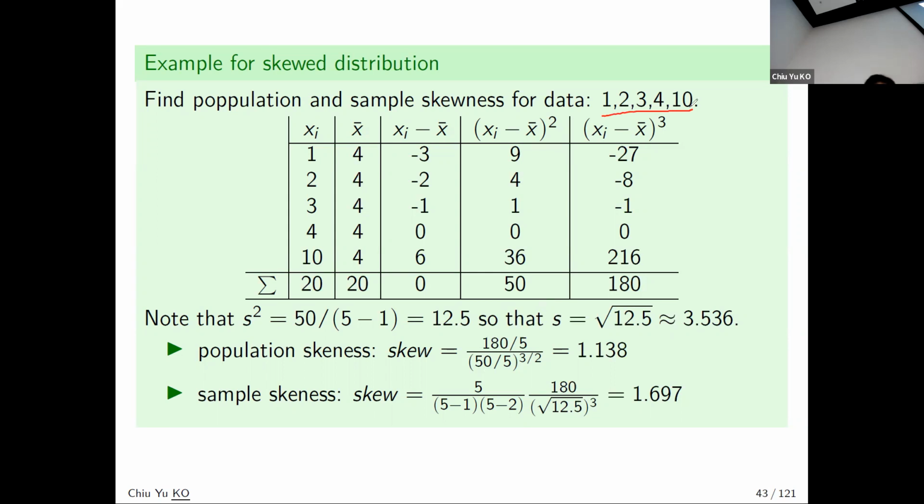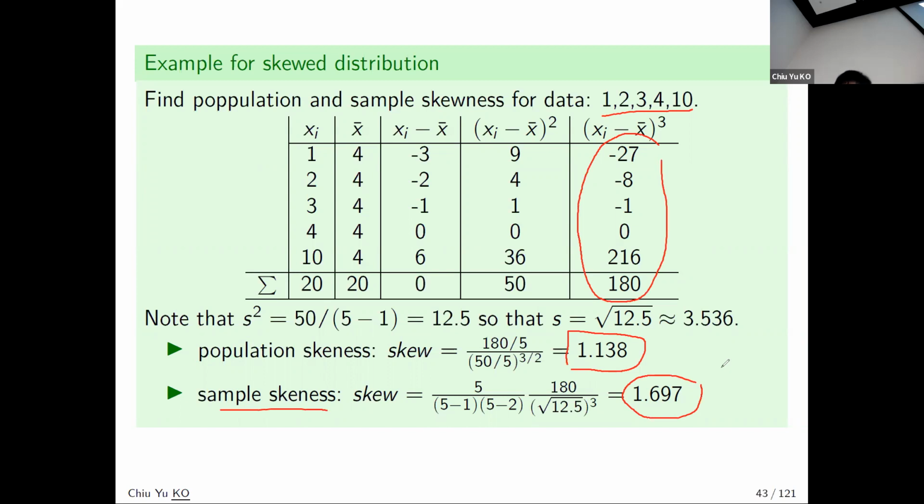You should expect the skew to be positive. I'm not going to go over every single step here, but you can easily see the skew is 1.38, and the sample skewness is 1.6. So the sample one is bigger than the non-sample one.